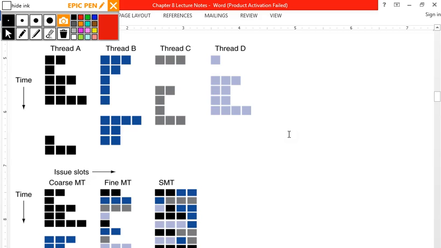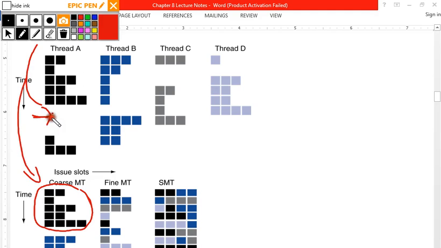So in coarse grain, here's what it means. Coarse grain was the second one I defined. You would execute everything until a stall, right? You switch on a stall. So here you're executing this portion first, and then once you get a stall, you go here, and you see how that matches down there?